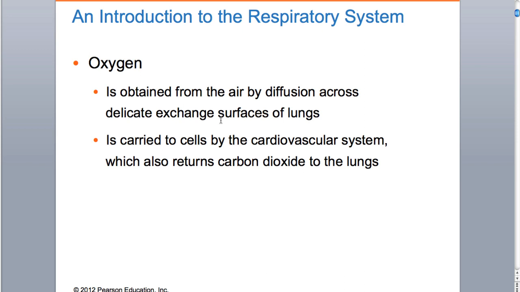Now, the purpose of the cardiovascular system that we've been harping on for chapters 19, 20, and 21, its job is to be in conjunction with the respiratory system to bring the carbon dioxide to the lungs and take the oxygen from the lungs. So the cardiovascular system actually works that way.